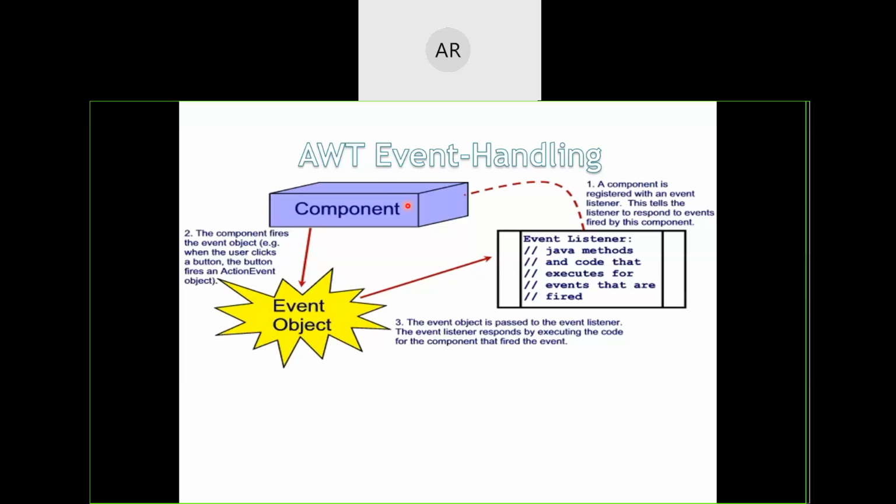But where are those actions mentioned? In which class do we write those actions to be performed? And how does the compiler come to know that the button was pressed and so the method should be called?